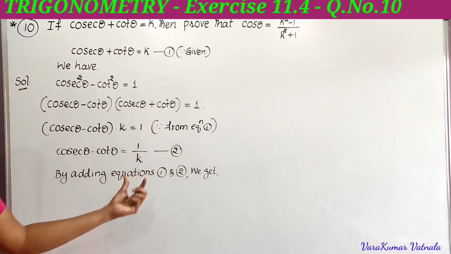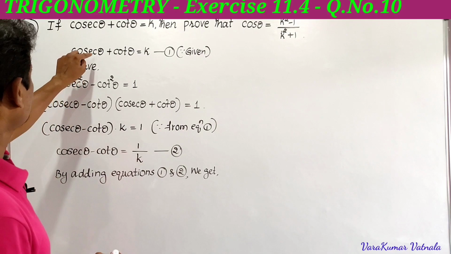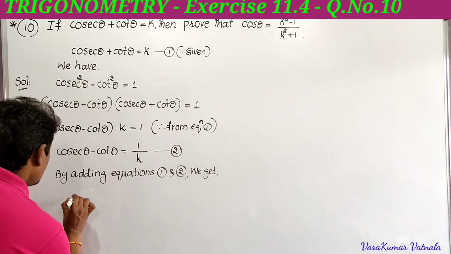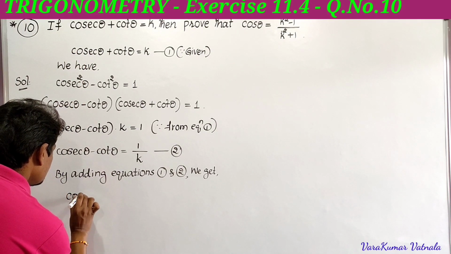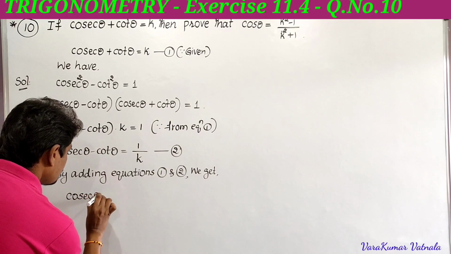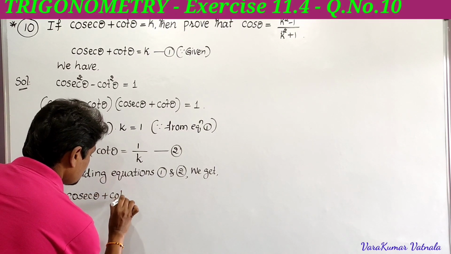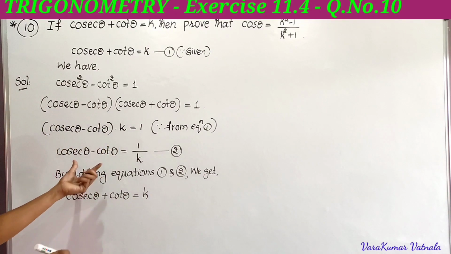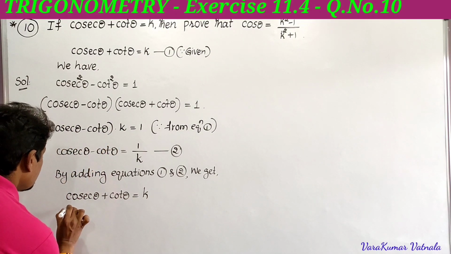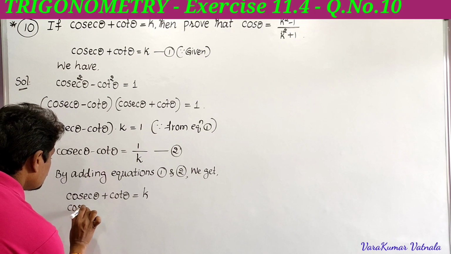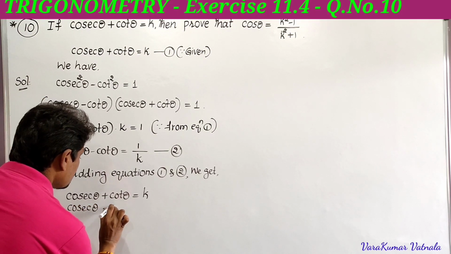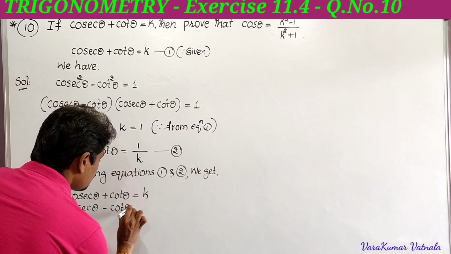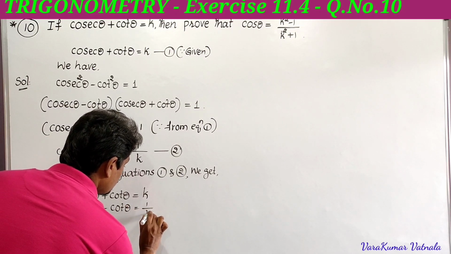By adding equations 1 and 2, we get: equation 1 is cosec theta plus cot theta is equal to k, and equation 2 is cosec theta minus cot theta is equal to 1 by k.